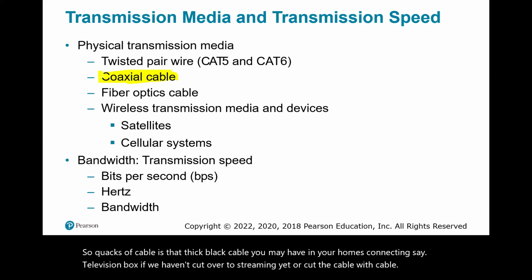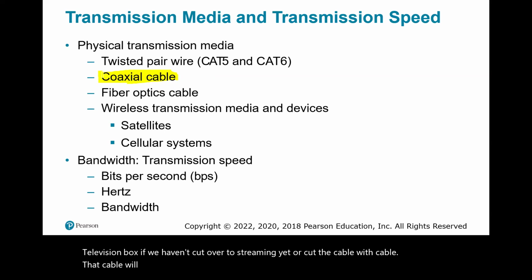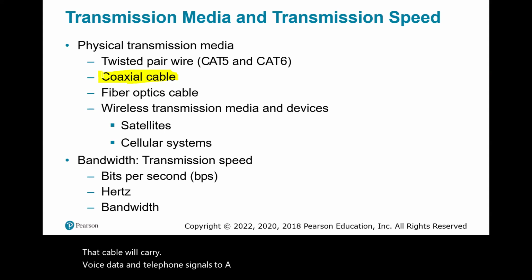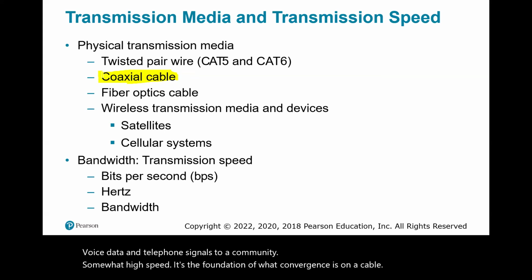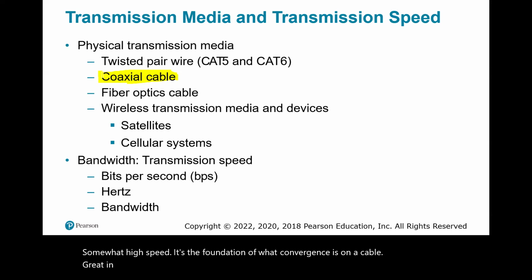That cable will carry voice, data, and telephone signals to a community. Somewhat high speed, it's the foundation of what convergence is on a cable. Great in weather, pretty durable inside as well. Very extended cable lengths.